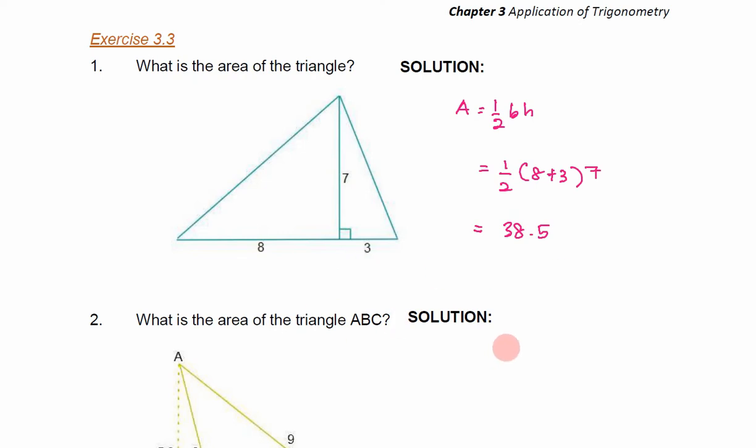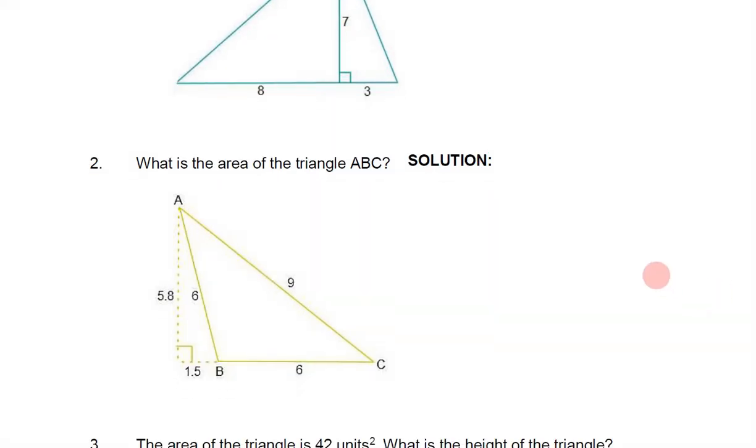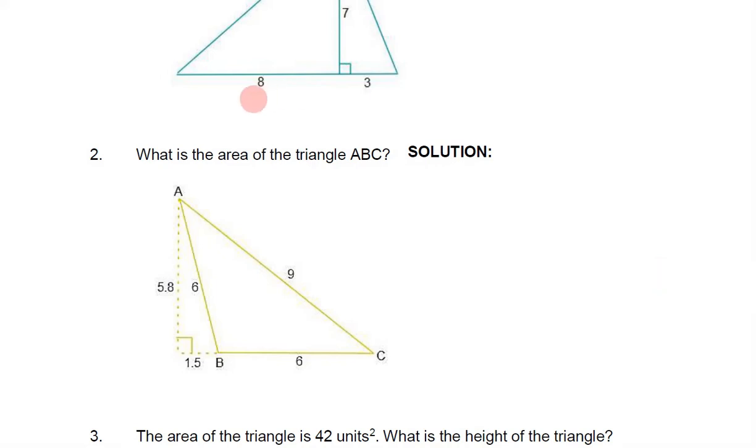Okay, for number 2, so the same thing, we have the information for height and also the base. So we can just use directly the formula for area, half times the base and multiply with the height. Okay, for this one, the base is 6 plus 1.5 and the height is 5.8.